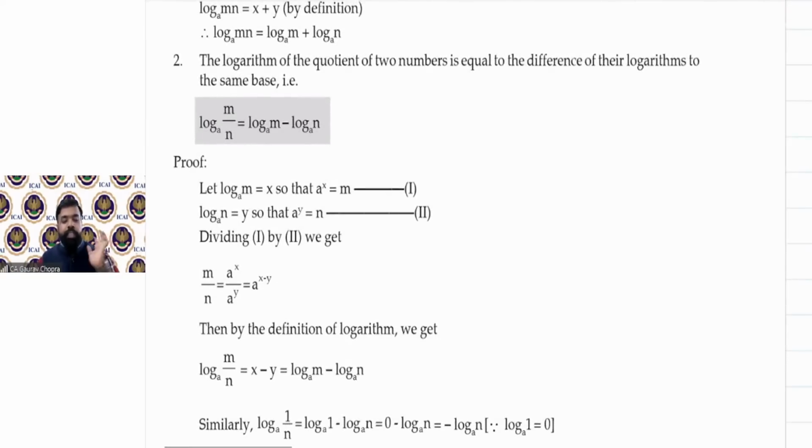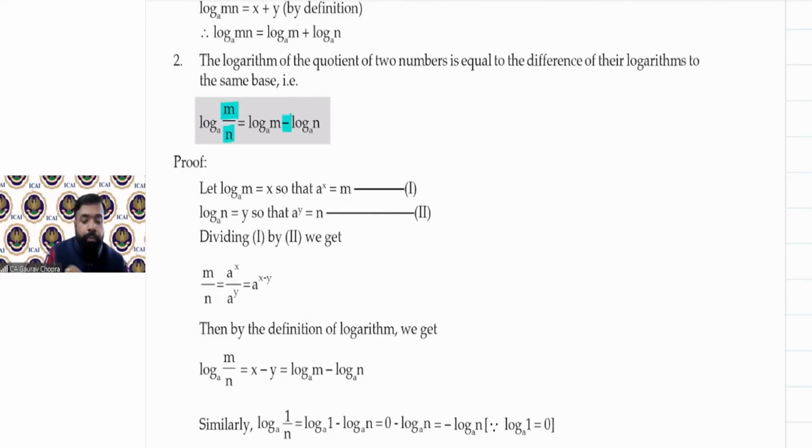Now, the next property is for division. If we are dividing two numbers, that is log of m upon n, then we write log m base a minus log of n base a. So in place of multiplication, if it is division, then in place of addition we write subtraction.